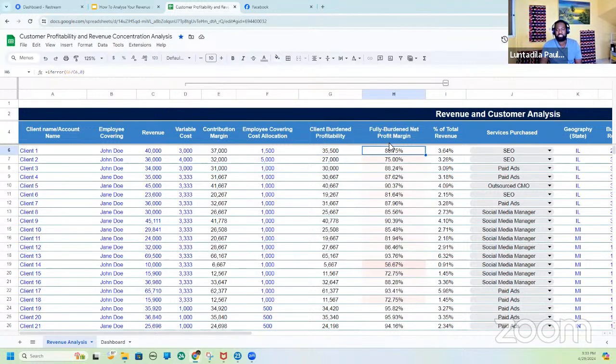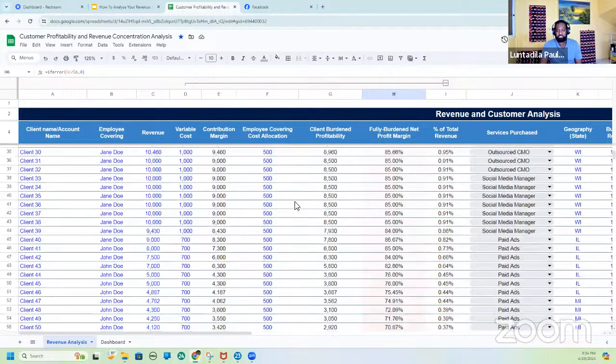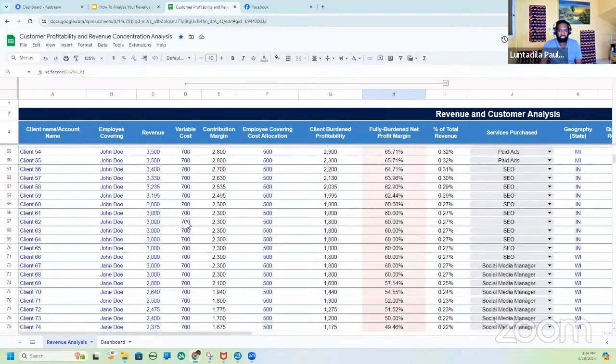That gives us a net profit margin of 88.75%. Okay. So from there, we can now see some interesting trends in our presentation or our client information.